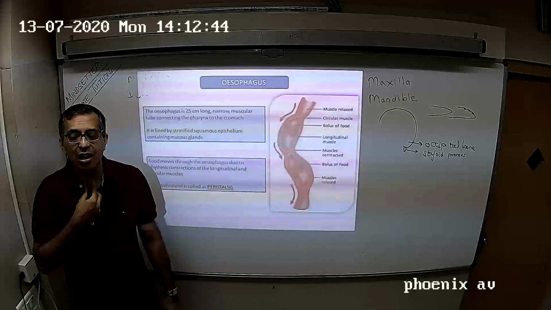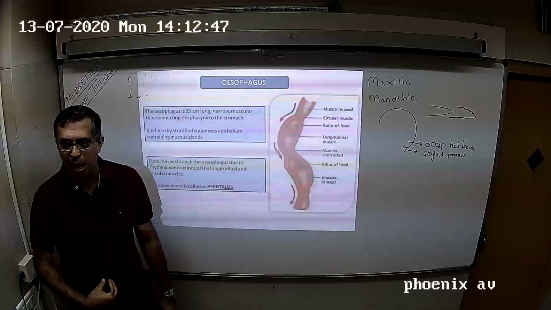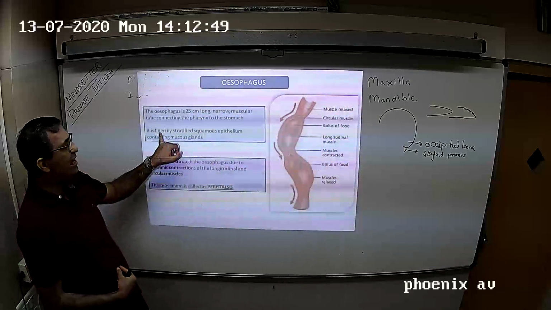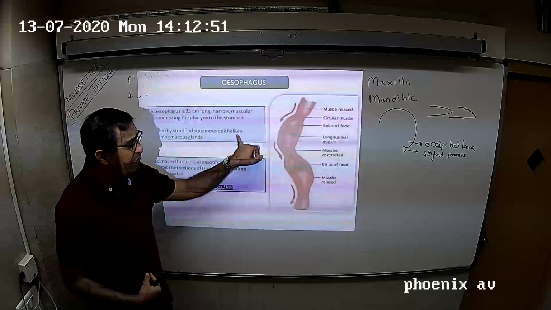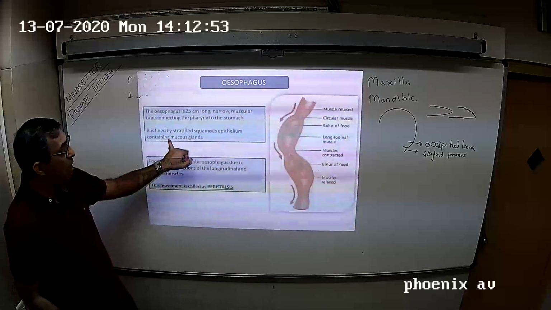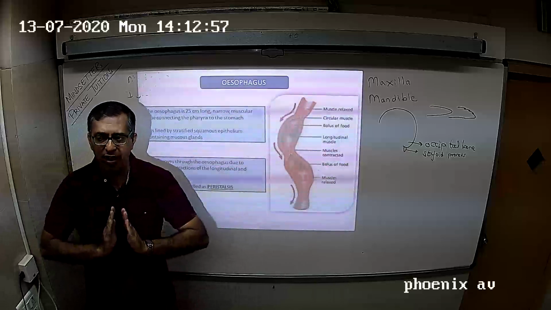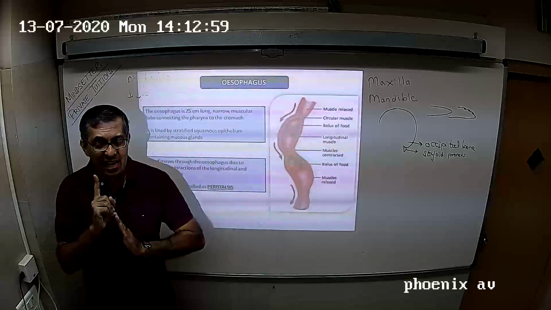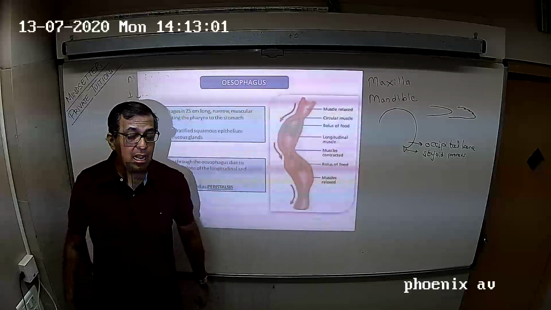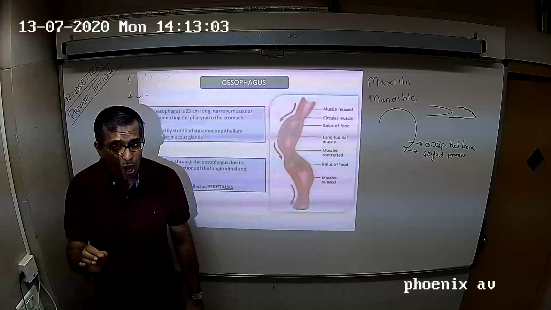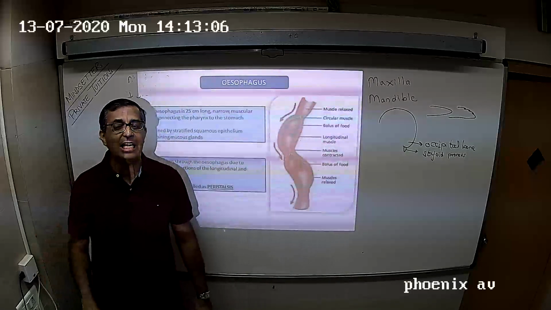It connects the pharynx to your stomach, and it is lined by stratified squamous epithelium containing mucus glands. So esophagus में कौन सा lining है? Squamous epithelium. But it is not simple squamous, it is stratified squamous.